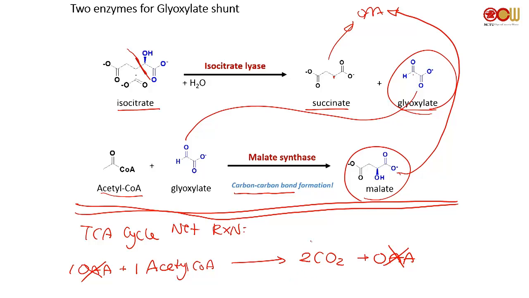And reducing cofactors: how many NADH? How many FADH2?